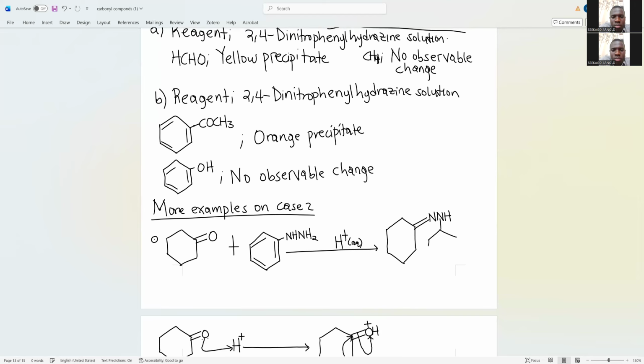There's a phenyl group there, plus H2O. The name is cyclohexanone phenylhydrazone.